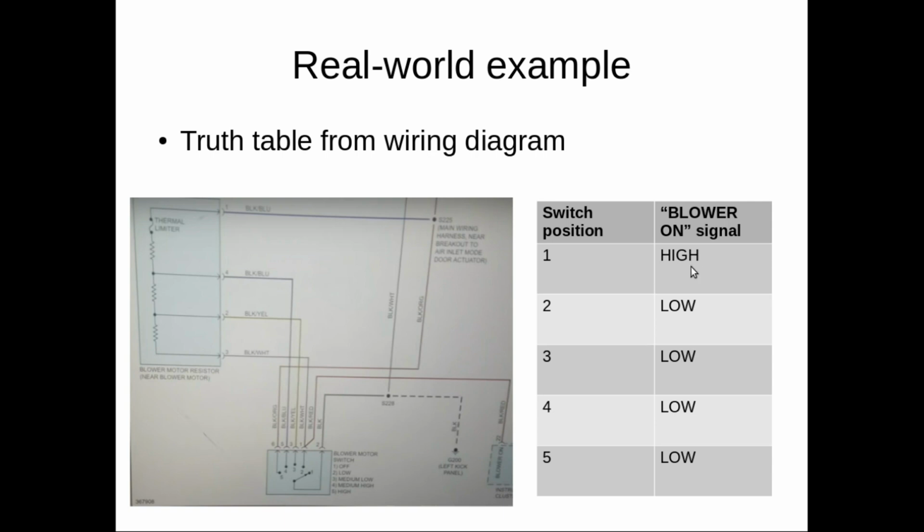So this is what we are going to mark in the truth table. If the switch is in position 2, then it will ground this leg, and so we will get low signal at the terminal. So let's write that down in row number 2.